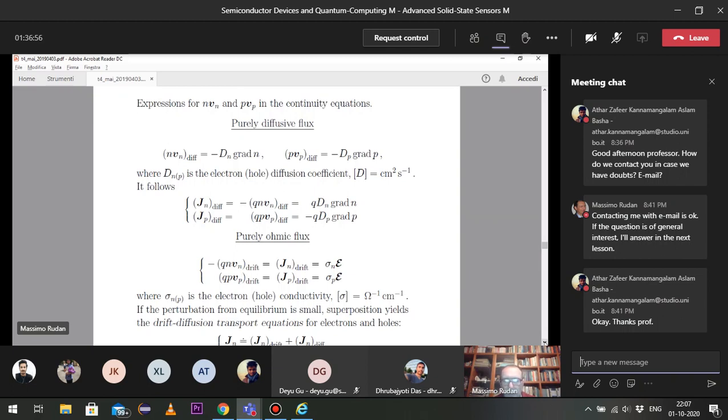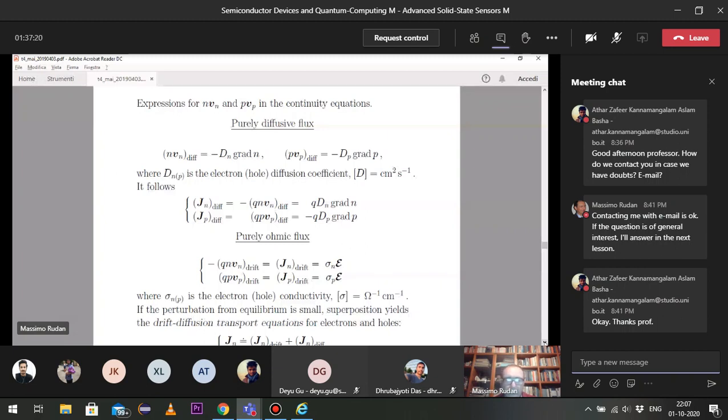What is the typical indicator that tells you that the concentration of the particles is non-uniform? The indicator obviously is the gradient. Okay, if you have a non-zero gradient, that means that the concentration of the particle changes with position.